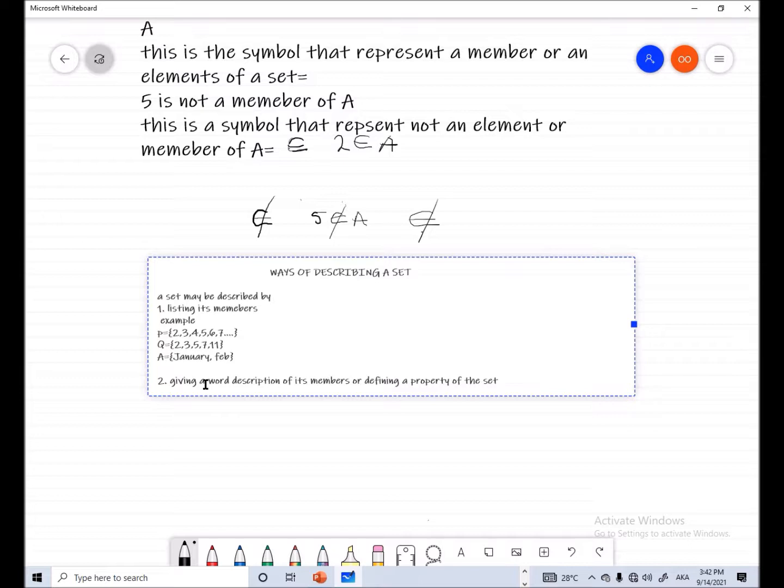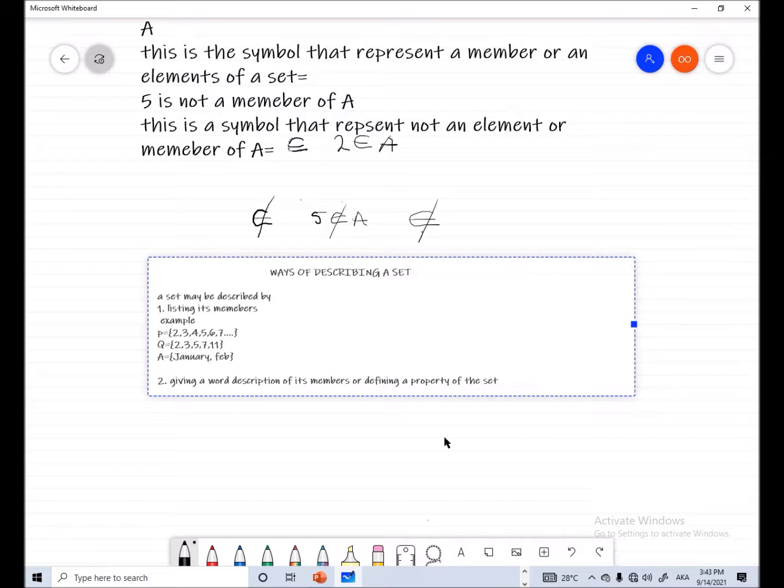It means that you are listing the members. We can also describe the set with a word description.